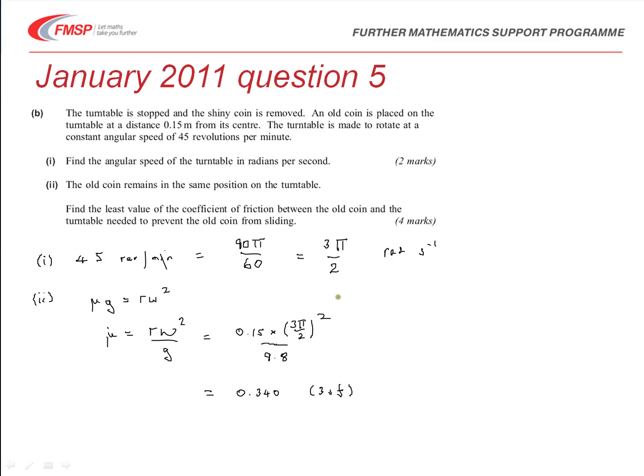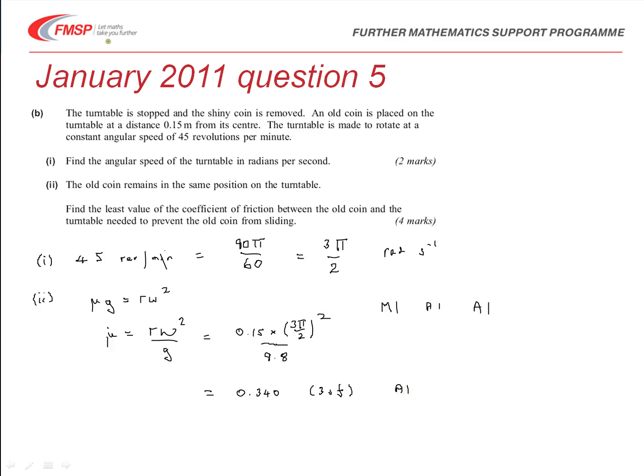So once again, for obtaining the correct expression, we'll have a method mark, and 2 answer marks, one for getting each side correct in the expression, and then finally for working out the value that we require, we get 1 mark for that.